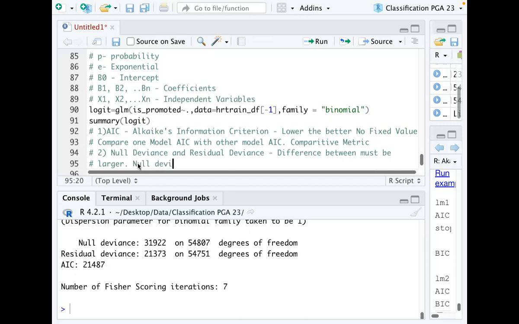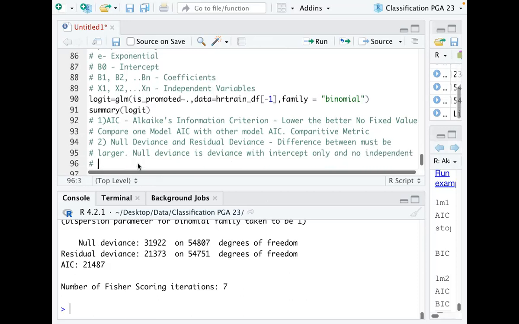Null deviance is the deviance with intercept only and no independent variables. So what is null deviance? It is where your model will have only intercept. No independent variables will be there.